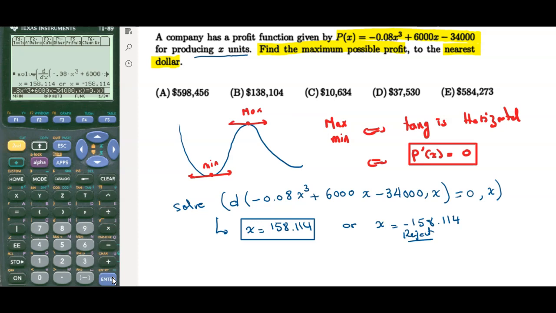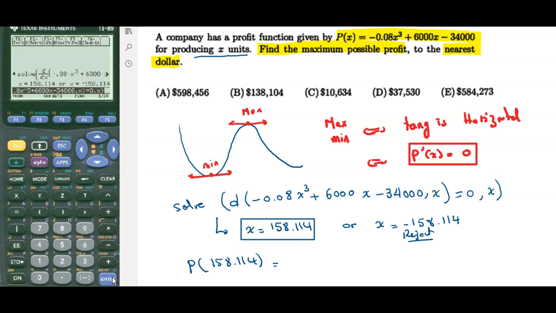Now once I get this value here, I want to plug it into the calculator, into the function. I want to figure out what is p of 158.114. We usually keep it as it is, so we don't round it. We round only toward the end, right?